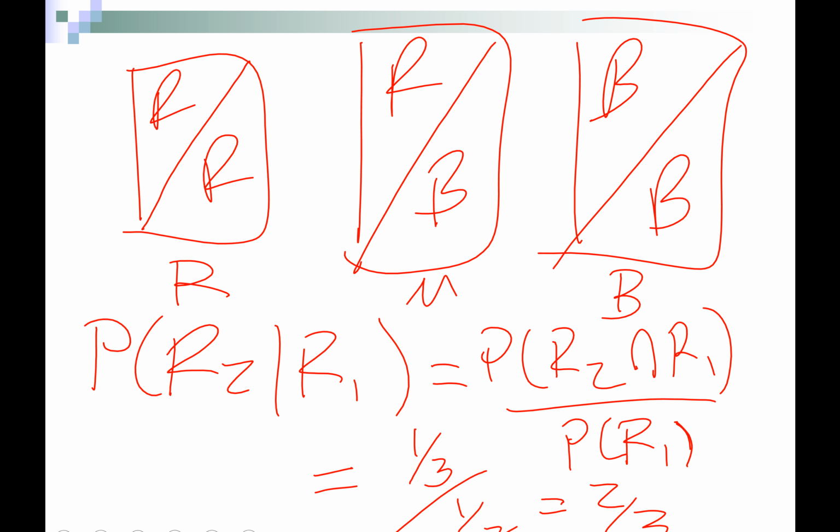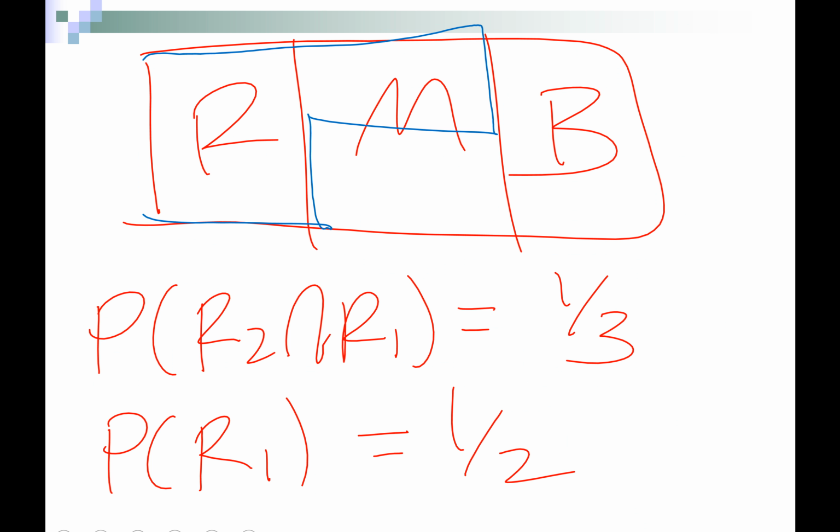So there are 3 possible ways to see a red side, 2 from the red card, 1 from the red and blue card. And of those 3 possible ways, how many have red on the back? There are 2 that have red on the back. So the probability is 2/3. That's an interesting question, so you should think about that.